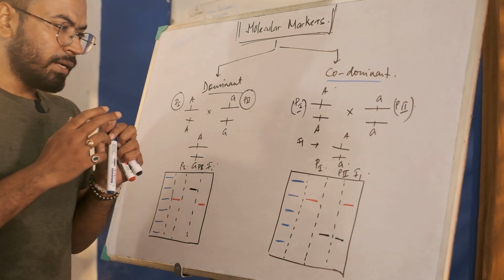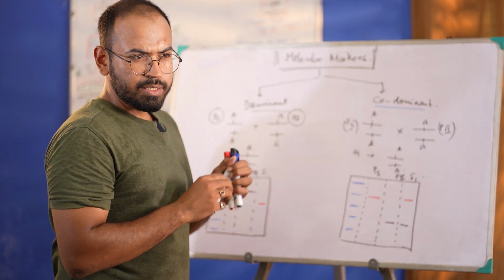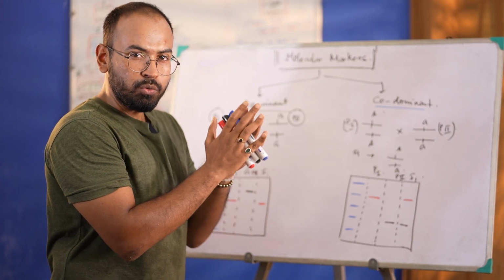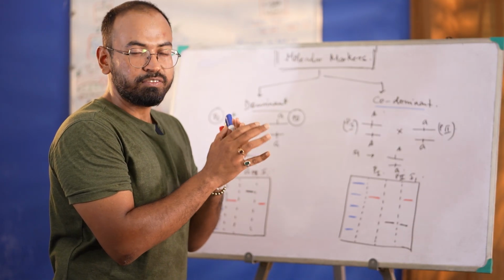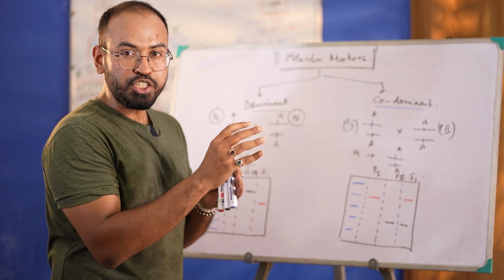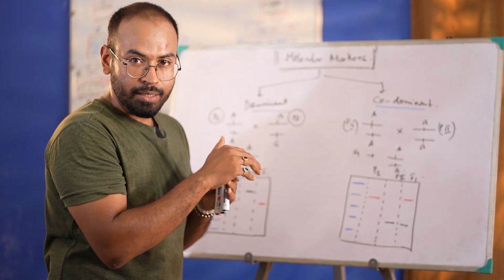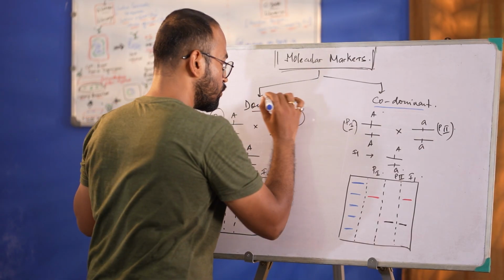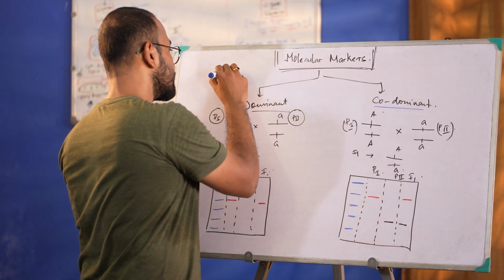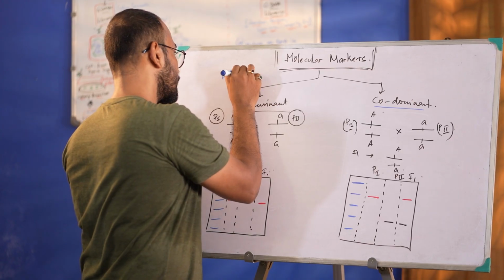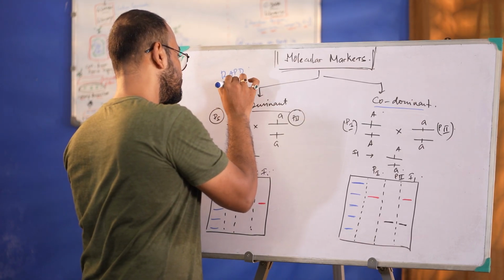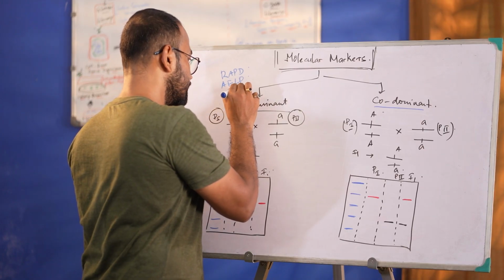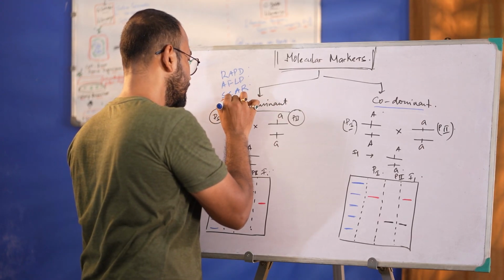Now we know how to identify which of the molecular markers belongs to which particular group. From this tip we can state, from the dominant part, we are getting molecular markers like RAPD, AFLP, SCAR, and ISSR.